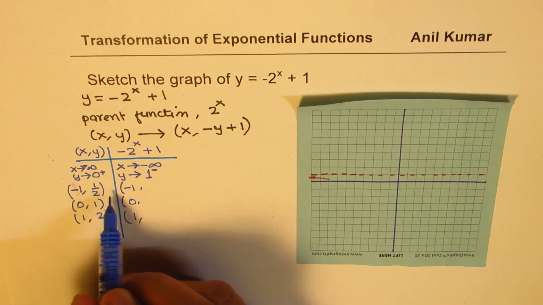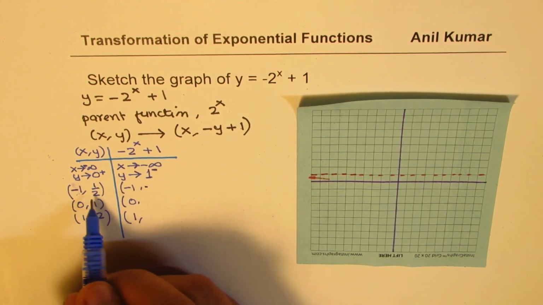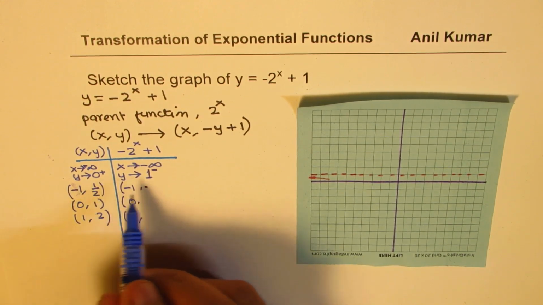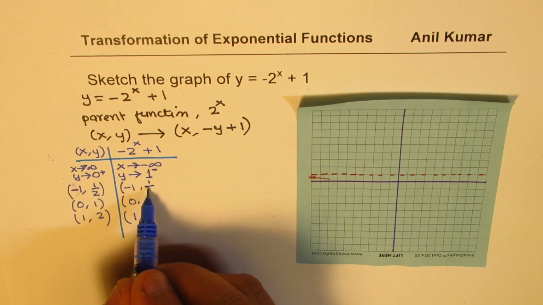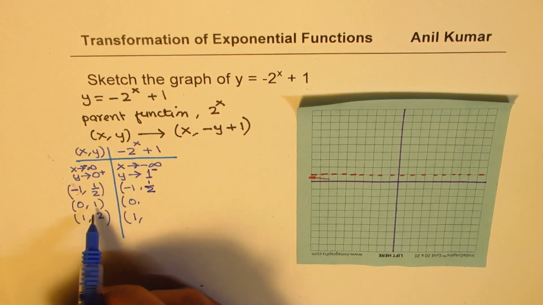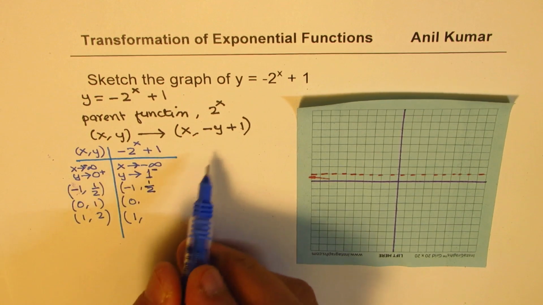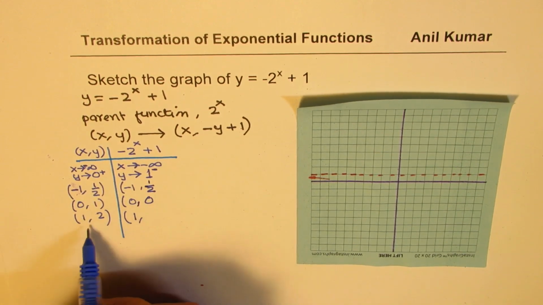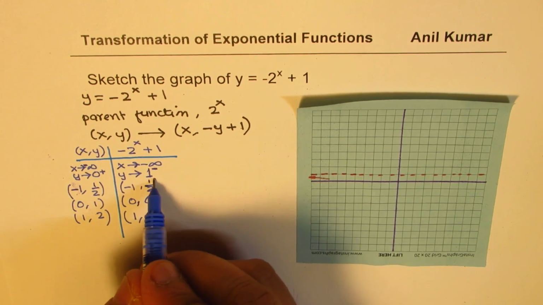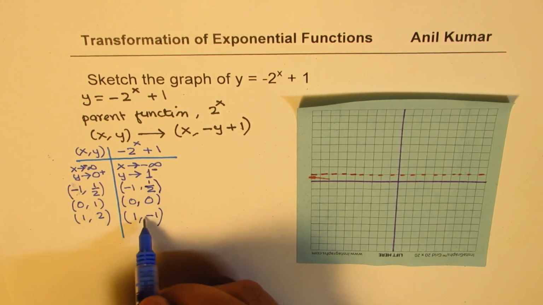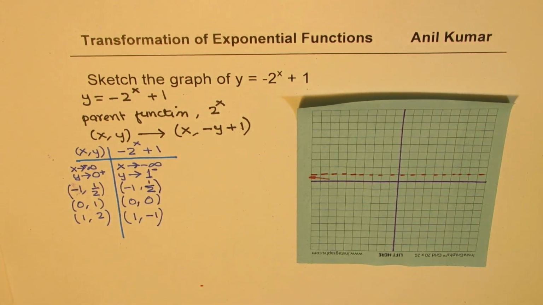So -2 and add 1 means negative half. And then when you add 1, you get plus half. Correct? Negative of 1 and add 1 will give you 0. And -2 plus 1 gives you -1. So those are the transformed points on the transformed function.